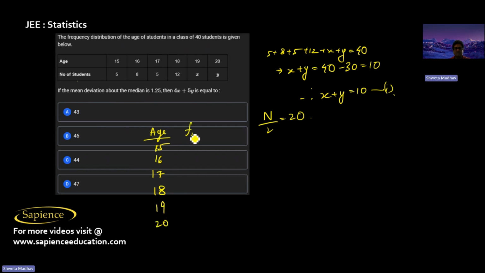The number of students, that is the frequency, is 5, 8, 5, 12, x and y. Y I can write as 10 minus x also. Then we have to find the cumulative frequency, this is 5.